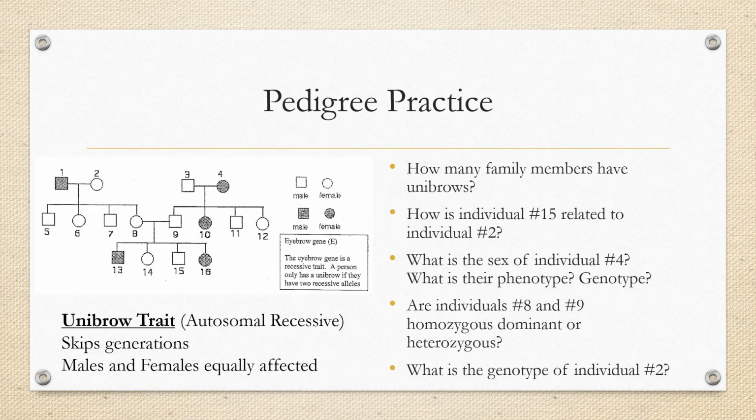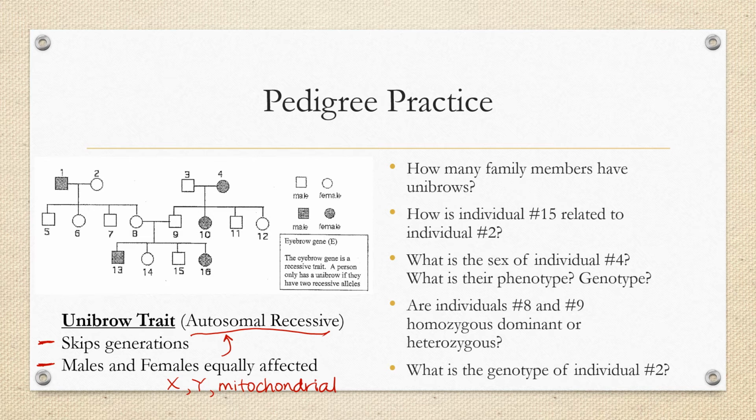So let's look at an example here. The trait that we're looking at is unibrows, and this is an autosomal recessive. So it's going to skip generations, and the males and females are going to be equally affected. This is going to be important when we talk about X or Y-linked or mitochondrial disorders in a little bit. But if the males and females are equally affected, it's autosomal. It's going to follow Mendel's rules.